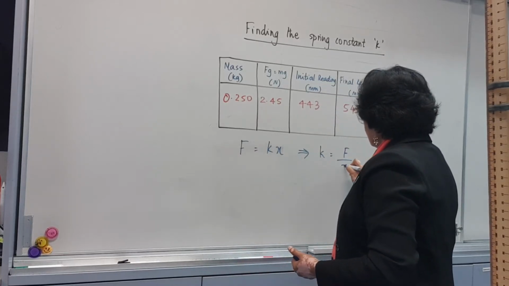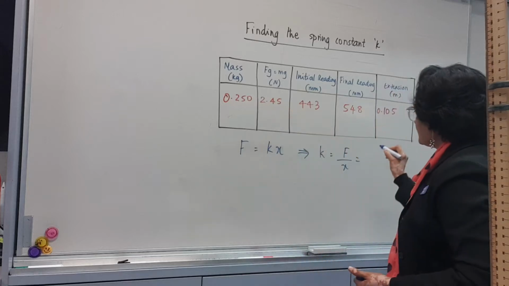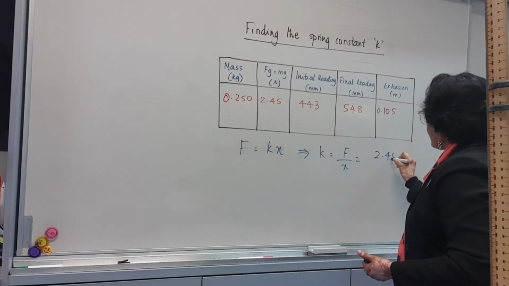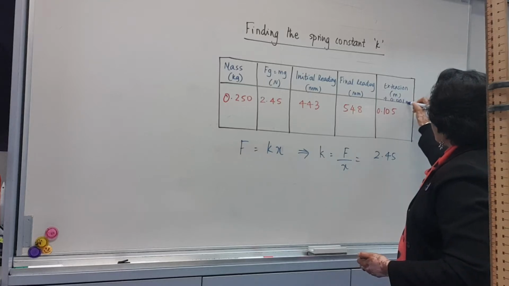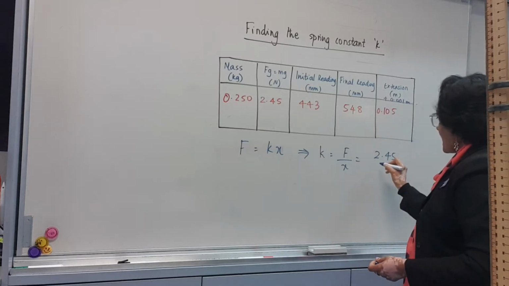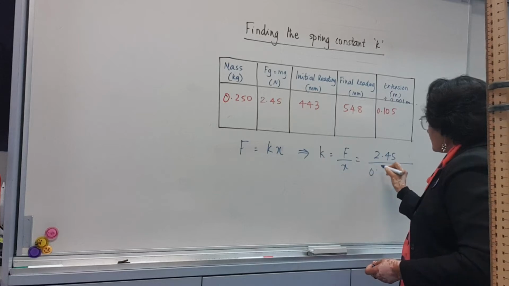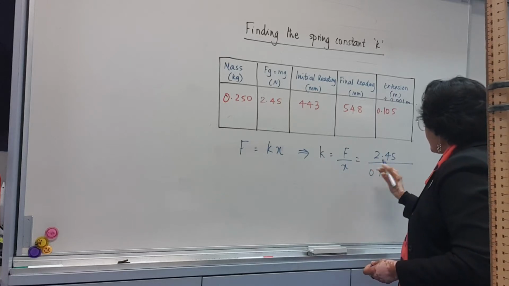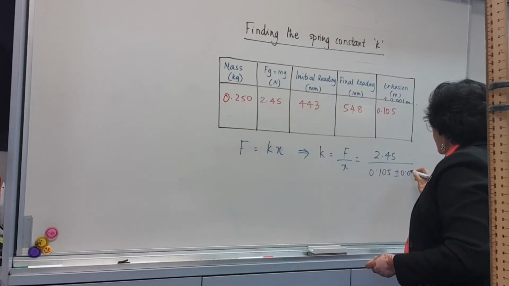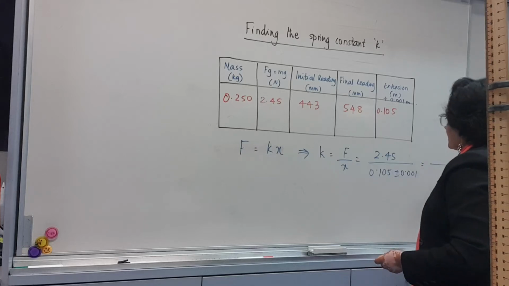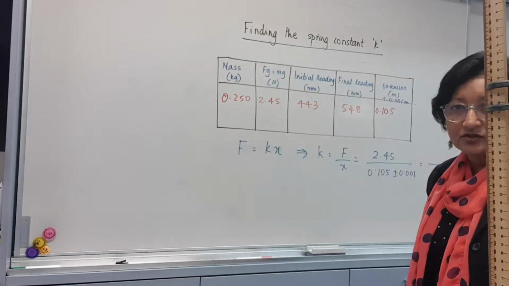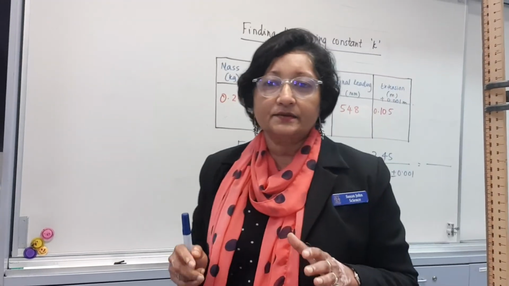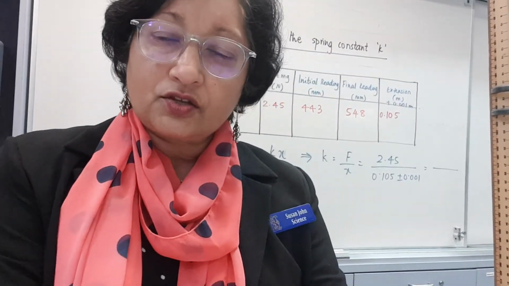My force is 2.45, and I'm going to get my extension with an uncertainty, and my extension is 0.105 plus or minus 0.001, and you can work out the value of K. So I leave that part up to you to work. So that's the first part of the experiment. This shouldn't take you too long.